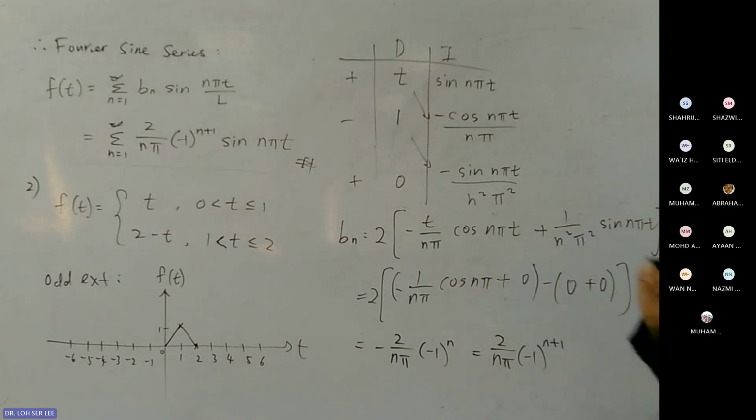Okay. Then find the other half. This is the odd extension.